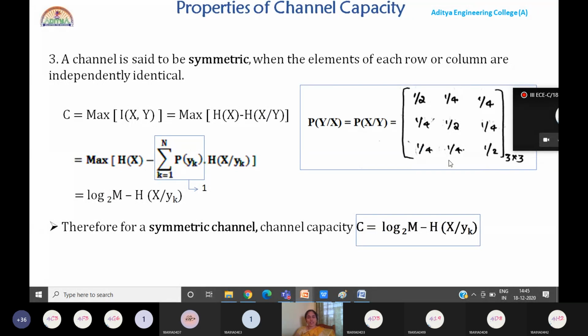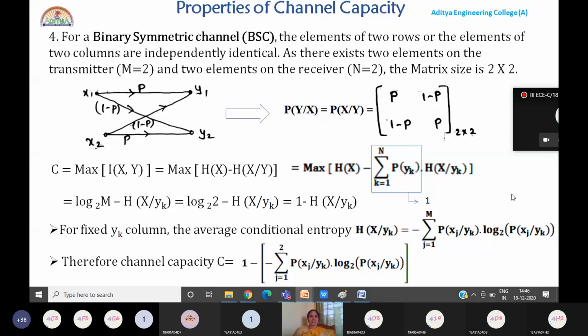The matrix size need not be only 2 by 2; it can be 3 by 3, 4 by 4 or 5 by 5. But the condition is that elements of each row or column, or both, are independently identical.